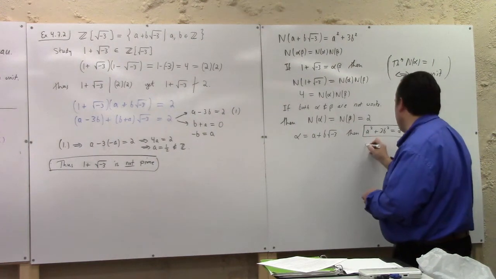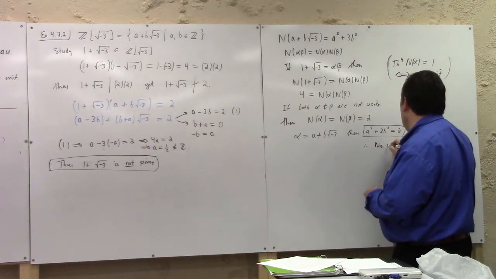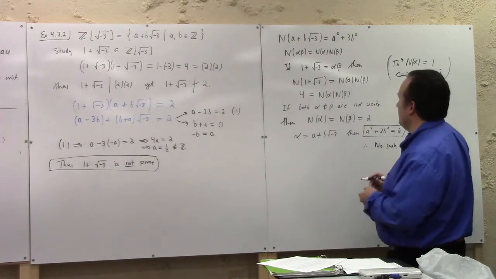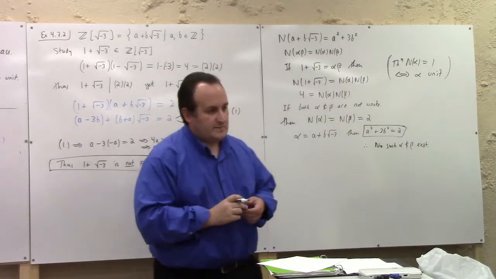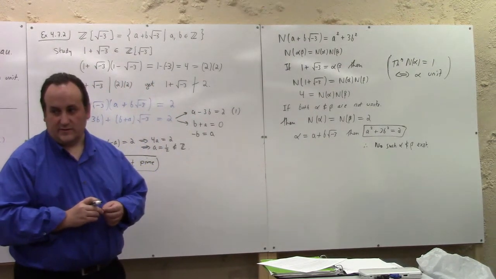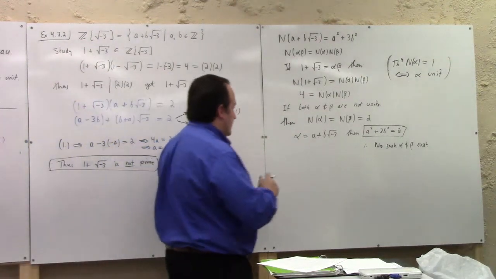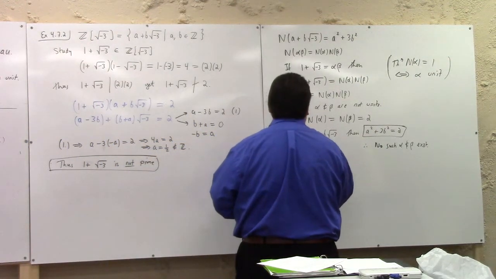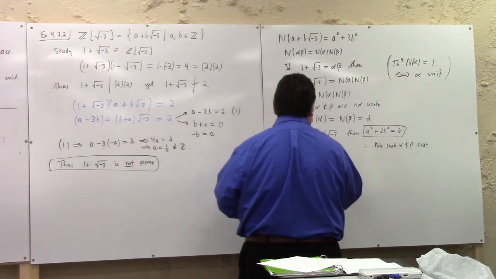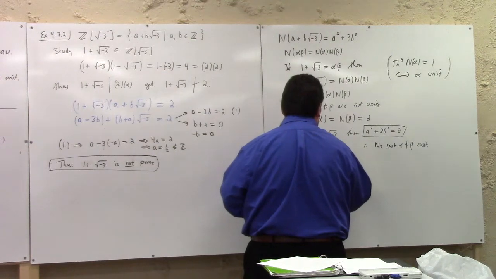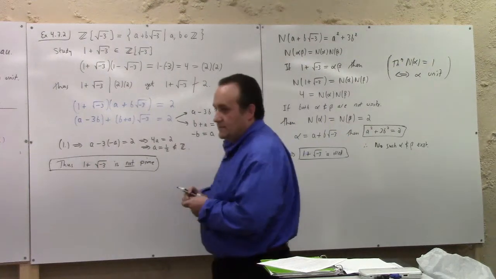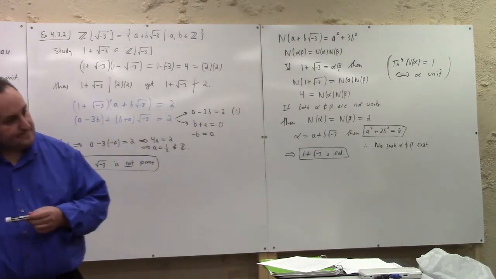So therefore, no such alpha and beta exist, which proves that if you have a factorization of 1 plus root minus 3, it necessarily contains a unit. Therefore, 1 plus the square root of minus 3 is irreducible because we tried to find a non-trivial factorization of it and we failed. We cannot reduce it.